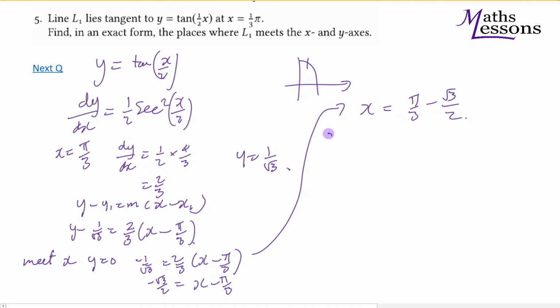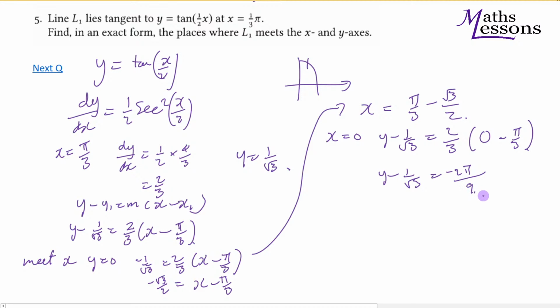And where x equals 0 is where it meets the y-axis. So we're going to have y minus 1 over root 3 is equal to 2/3 times 0 minus pi by 3. So y minus 1 over root 3 will equal 2/3 times by this, so it's going to give me minus 2 pi over 9.